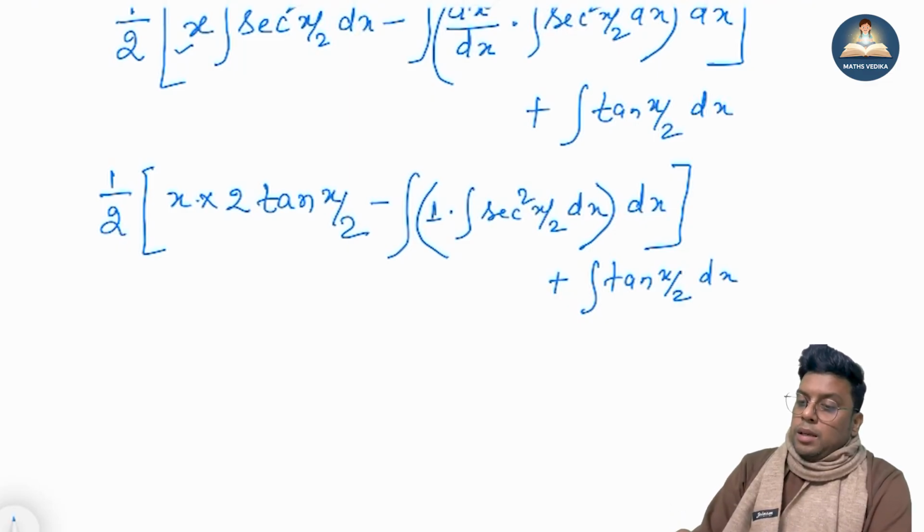Now we'll multiply the quantity in the bracket by 1 by 2.